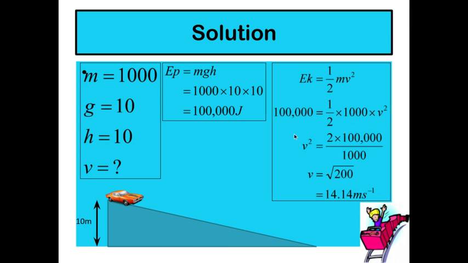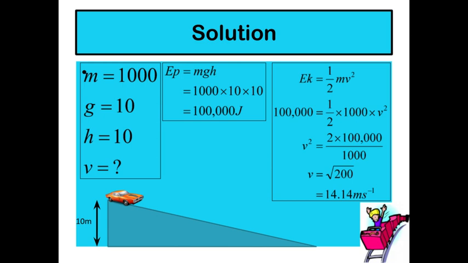And just like the last video, we rearrange that for v squared. It gives us v squared equals 2 times 100,000 divided by 1,000. But remember the added little step, this is v squared, so we need to square root both sides to get v. So v equals the square root of 200, which equals 14.14 meters per second.